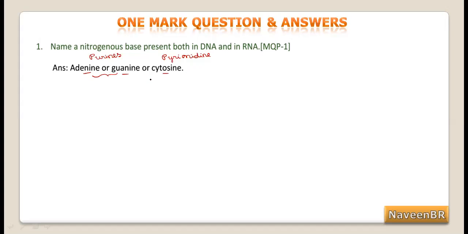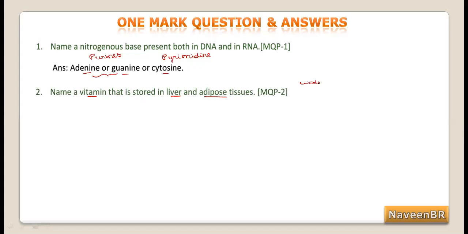Now we'll move to the next question. Name a vitamin that is stored in liver and adipose tissue. We know that vitamins are classified into 2 types: water soluble vitamins and fat soluble vitamins.